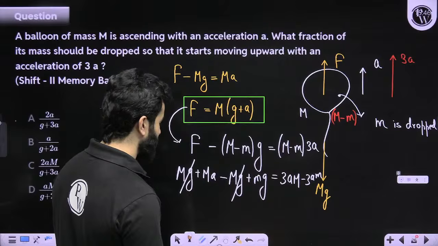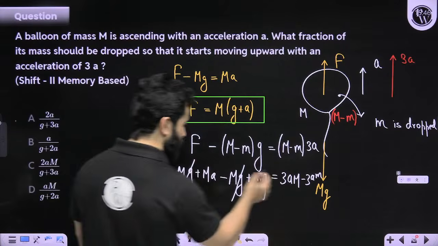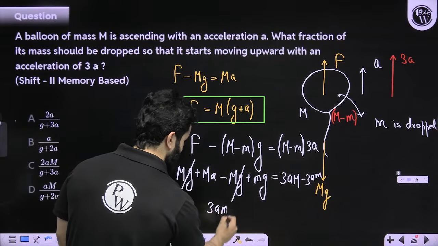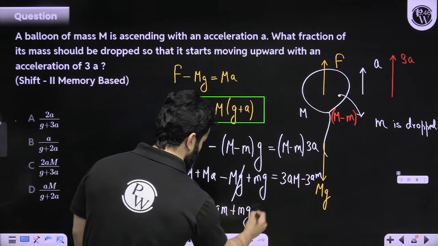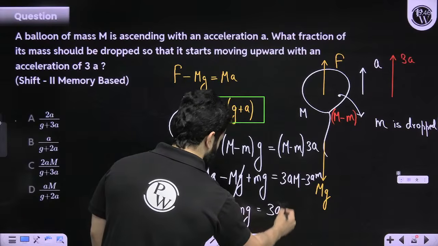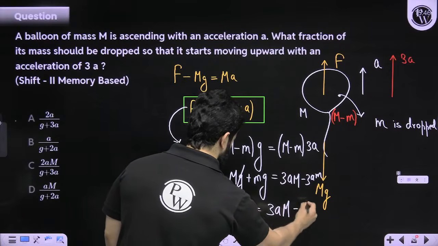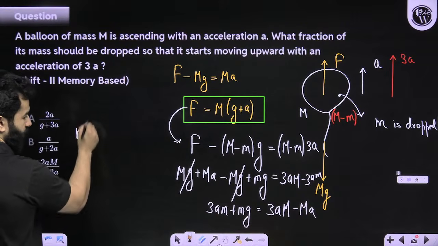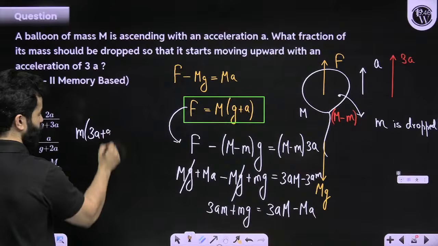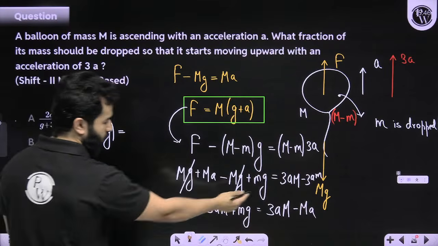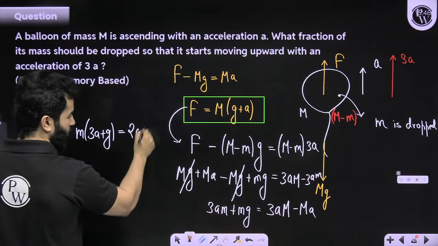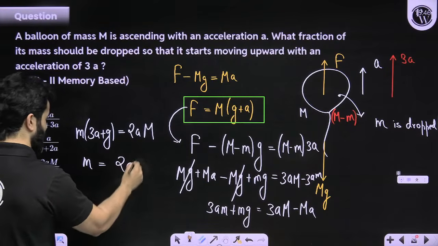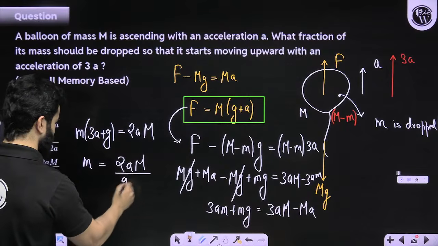And my dear friends, please note that I want to find out small m, right? So bring this small m over here. So 3am plus mg is equal to 3aM minus Ma. So you will be left with m times (3a plus g) is equal to 2aM. So small m will be 2aM divided by (g plus 3a).